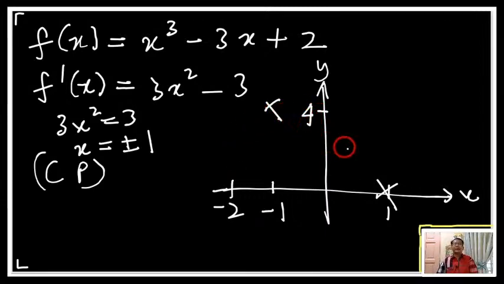Now you want to know increasing or decreasing. Let's say the y-intercept is 0, so (0, 2), 1 point here. Now increasing or decreasing.